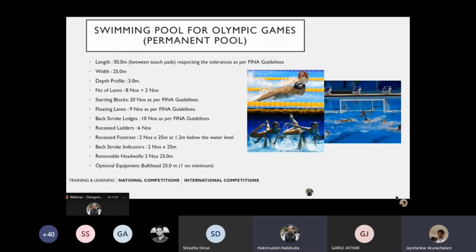Coming to, like I had mentioned earlier, there's an Olympic-sized pool at a general level for training or recreation. And then there's an Olympic-sized swimming pool for the Olympic Games.